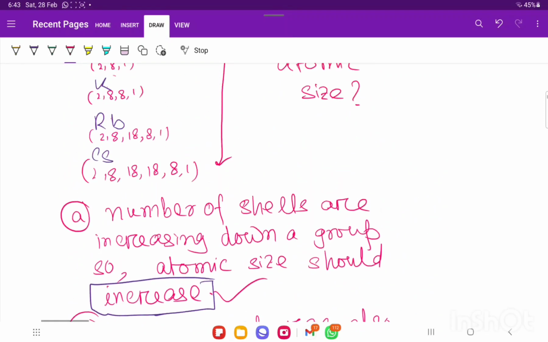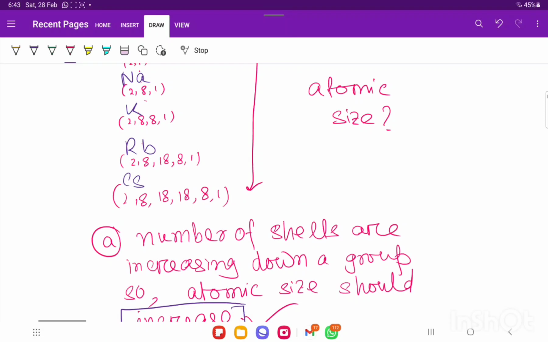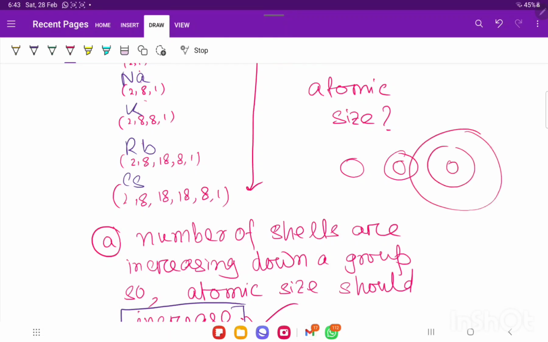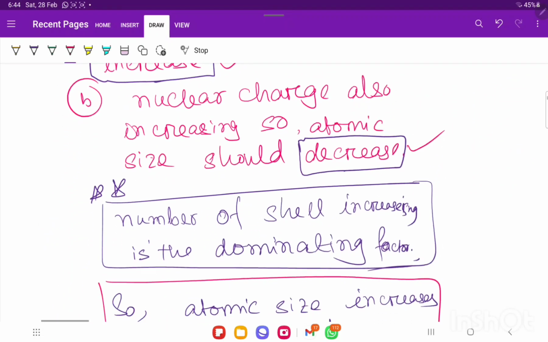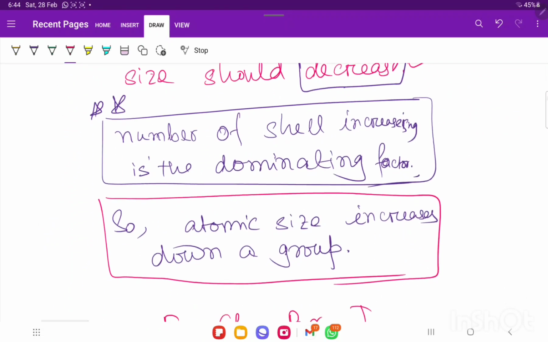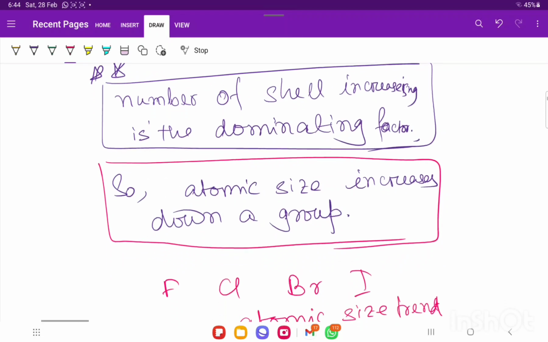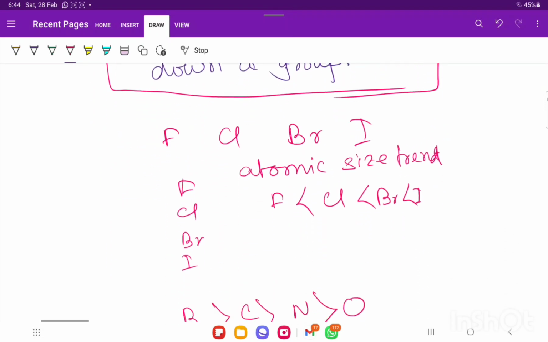Although the number of electrons is increasing, the number of shells is increasing too. If you have 2 shells, 3 shells, 4 shells, it will look bigger and bigger, right? So the atomic size will increase whenever you are going down a group.